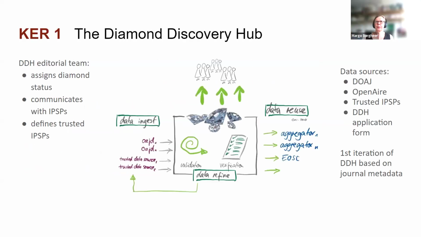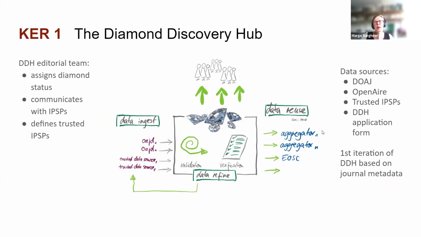And the next one, we will be relying on the Diamond Discovery Hub on an editorial team. And that means that this editorial team needs to check information and decide yes or no. And it's difficult because we should probably also have some states in between, almost diamond, raw diamond, looks like a diamond, but we can't because it needs to be a discovery, and therefore it needs to be a yes or no decision.